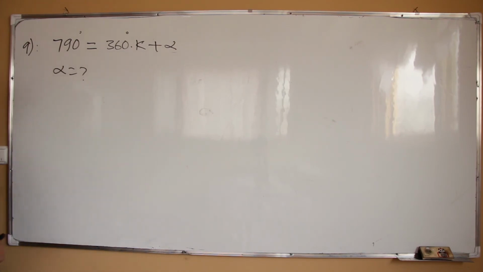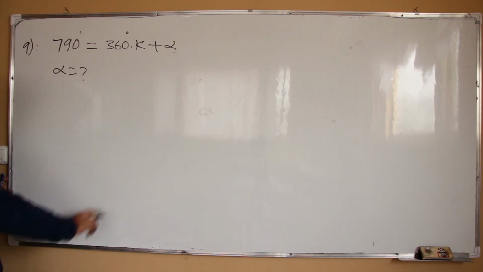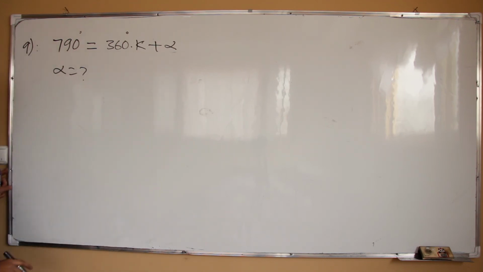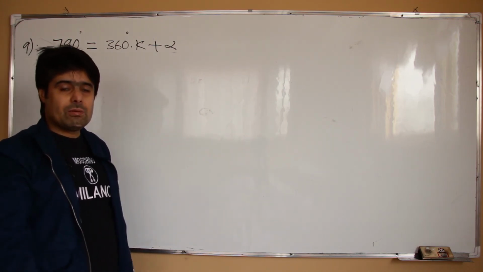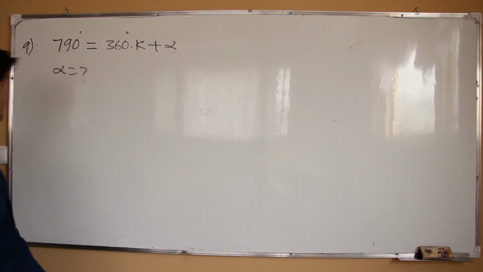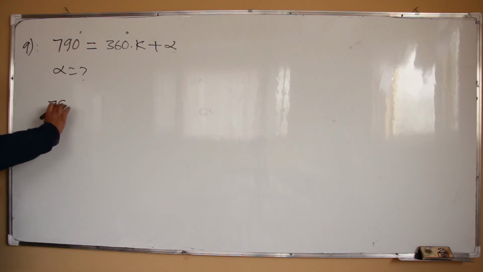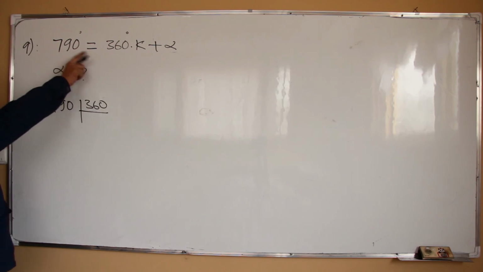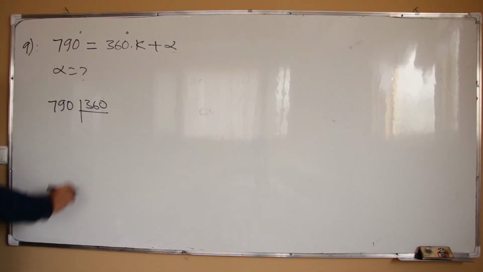Question number 9. 790 is equal to 360 degrees times k plus alpha. What is alpha? How can we solve it? Alpha must be an acute angle between 0 and 90. Now just divide 790 by 360. Why by 360? Because it is degree measurement. How many times? 2 times.